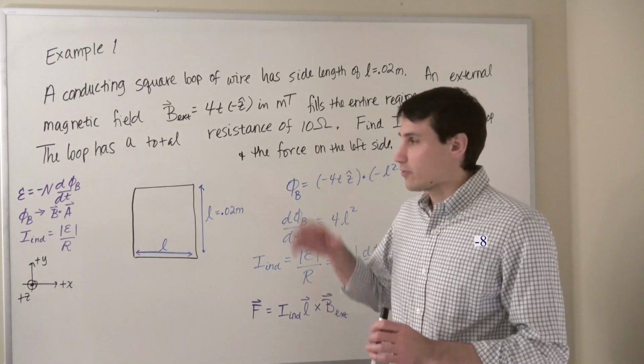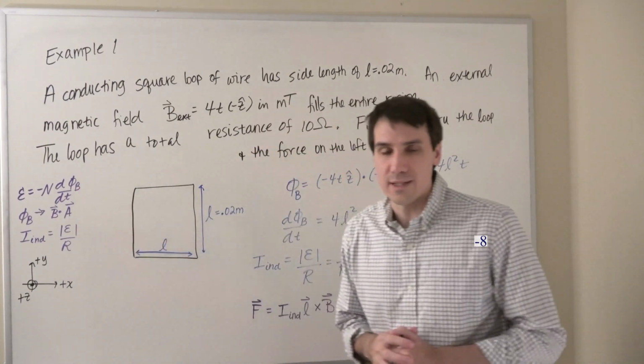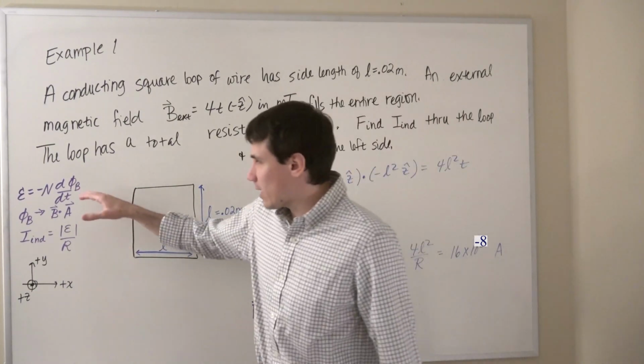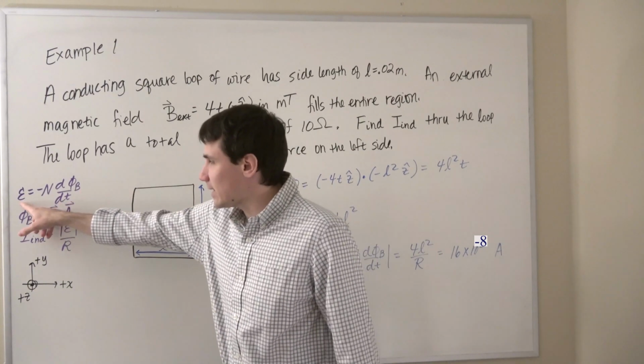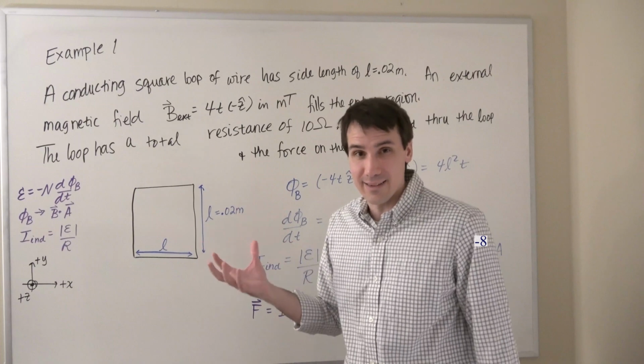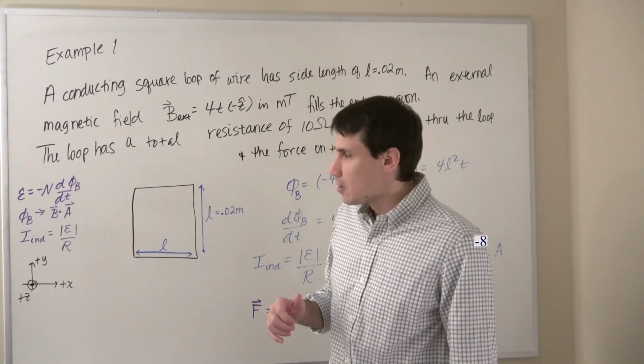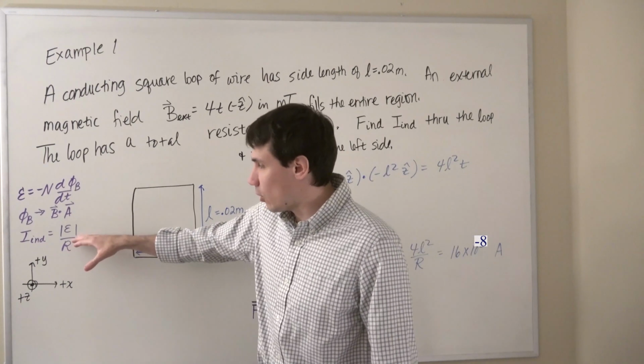Before we begin solving this problem, let's just review our relevant equations. First, we have Faraday's law, which relates the EMF, which we remember is an effective voltage. It acts like a voltage, though it doesn't follow all of the rules that voltage does, but it's good enough to use it in Ohm's law here.